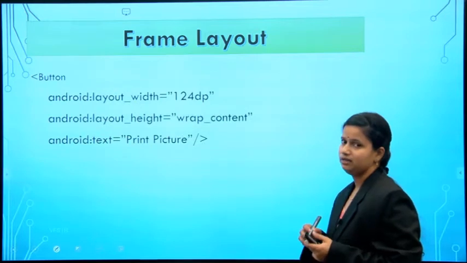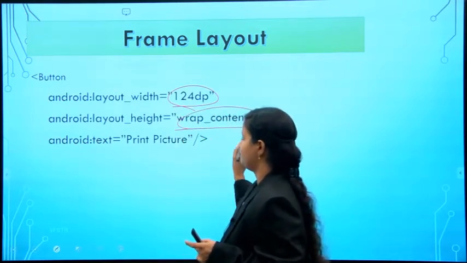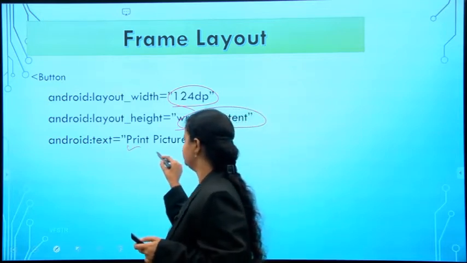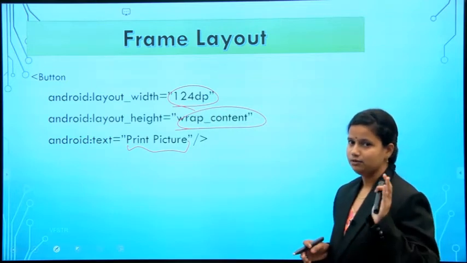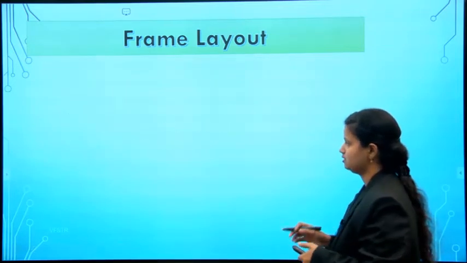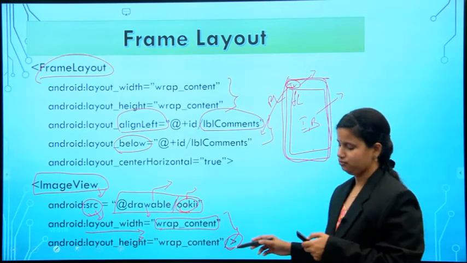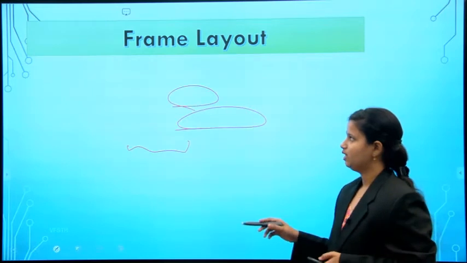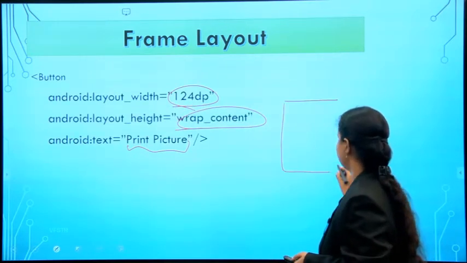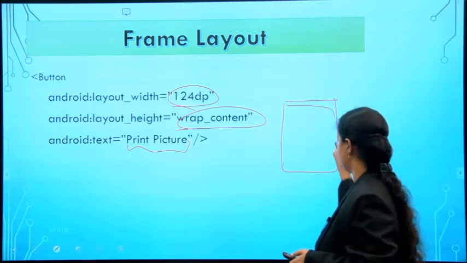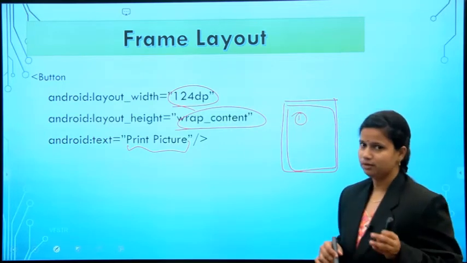After that we are displaying a button. The width of this button is 124 dp and wrap content, and the button text is Print a picture. So the frame layout is opened and consists of an image view and a button. The image view and button are to be displayed. Within this frame layout the image is displayed first, that means the first view.